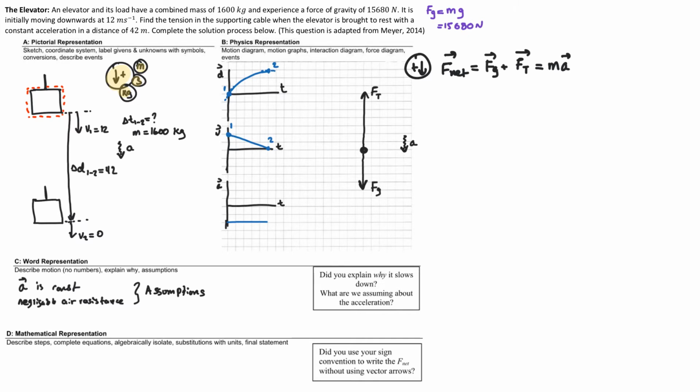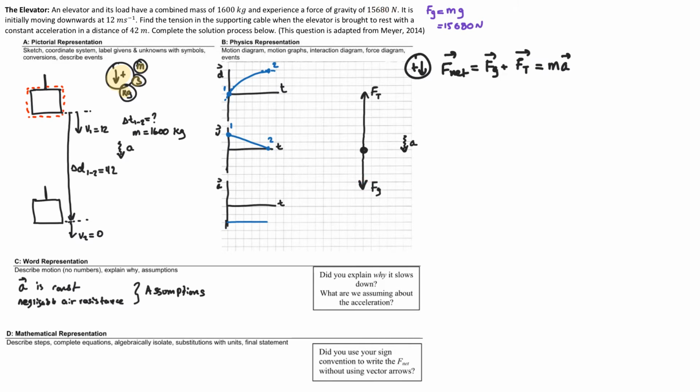So we know that net force is equal to the sum of forces, and it also equals mass times acceleration. I'm taking down to be positive here, so Fg is going to take the positive value because they're going in the same direction.